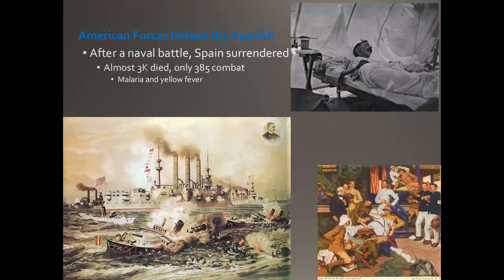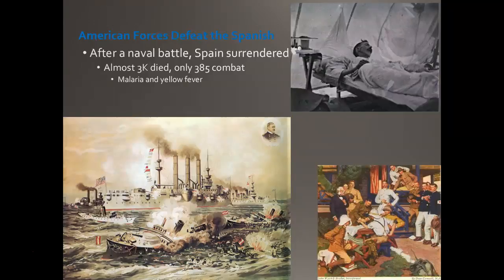Now, the Spaniards weren't defeated on land. We actually went to a naval battle where Spain surrendered. If I remember right, that was the Battle of the Bay of Santiago, and basically the Spanish fleet tried to escape, and they were blocked by our ships, which eventually destroyed them.